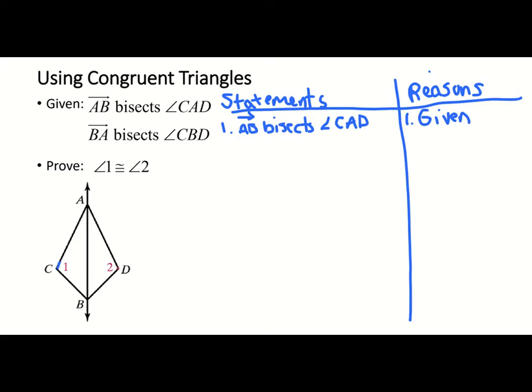So that tells me if it bisects this angle, remember bisect cuts it into two equal parts. So I know that angle CAB is congruent, this angle is congruent to angle DAB, and that is your definition of an angle bisector.